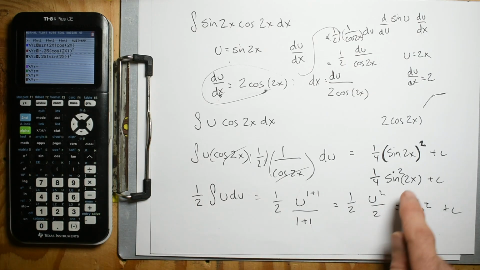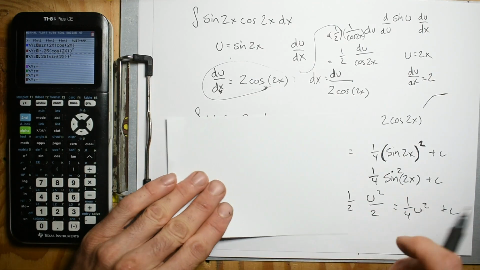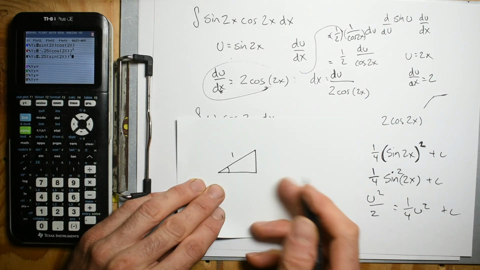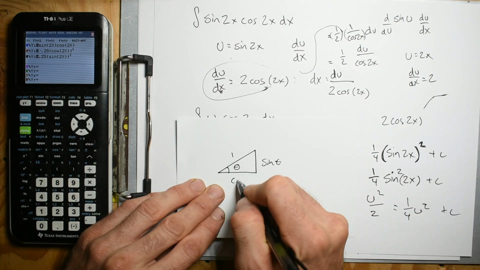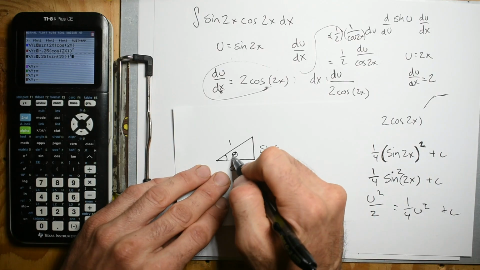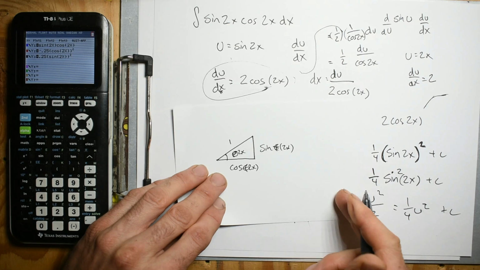And I think it's because, you know why this will work out? I can even just do it right now. If you have a triangle where your hypotenuse is 1, and this is your angle, this is going to be sine theta, and this is going to be cosine theta. Let's say your angle is 2x. That part doesn't really matter.